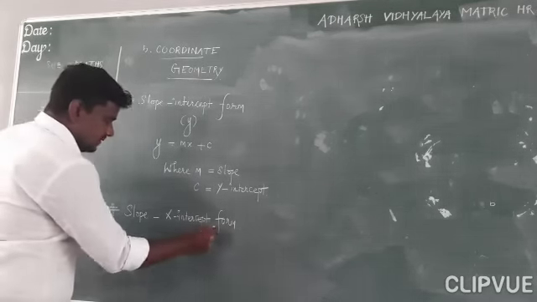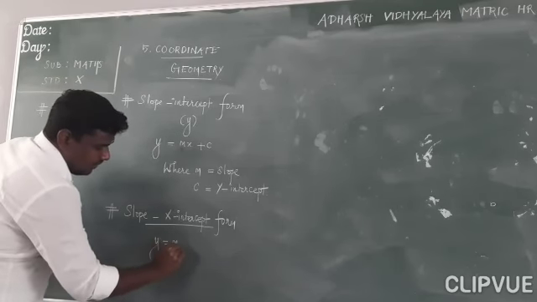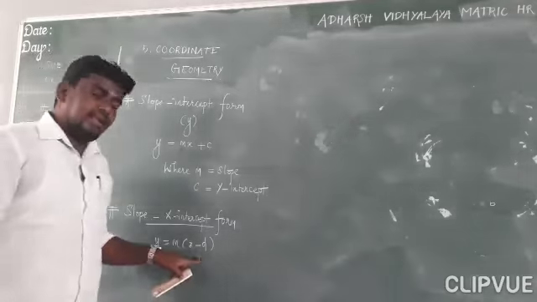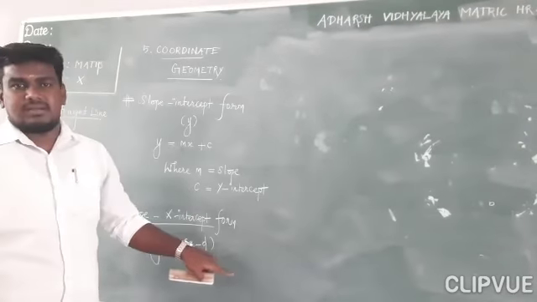Slope and x-intercept means y is equal to m of x minus d. This is the formula for finding the equation of the straight line when the slope and x-intercept are given.